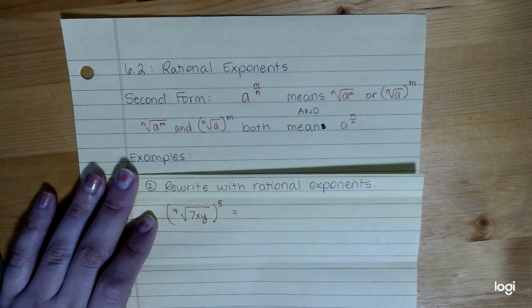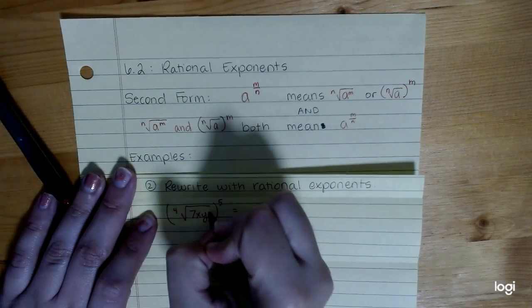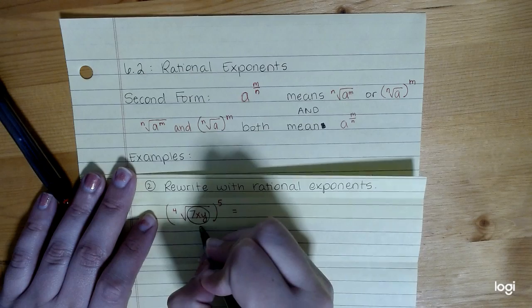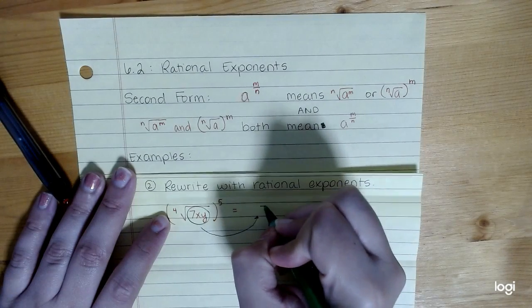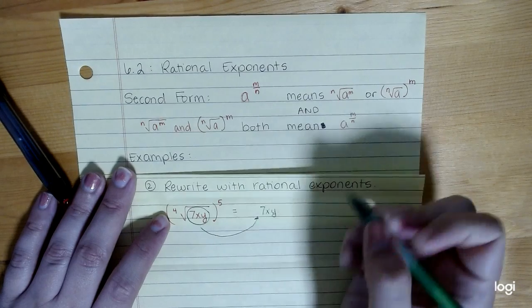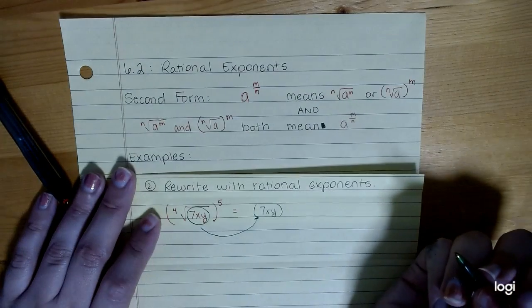So again, I like to start with identifying what my base is going to be. So that radicand, the entire radicand, is the base of your exponential notation there, those rational exponents, and I am going to put it in parentheses.